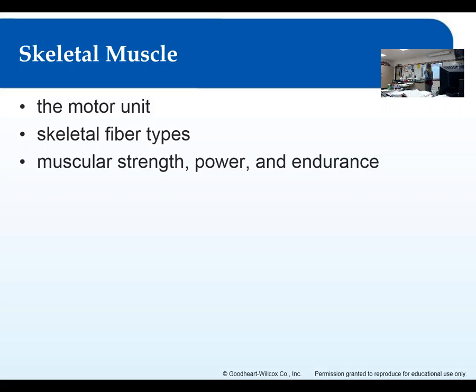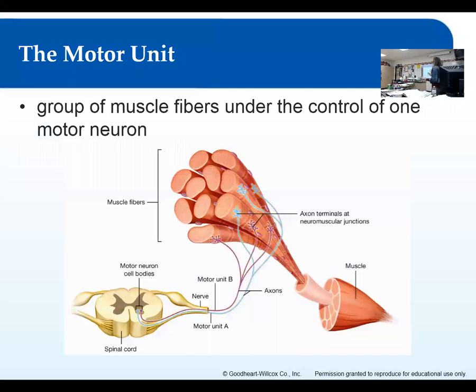All right, so the skeletal muscle. The motor unit is kind of like the functioning portion of the muscle chapter. The motor unit is a group of muscle fibers that's under the control of one motor neuron.